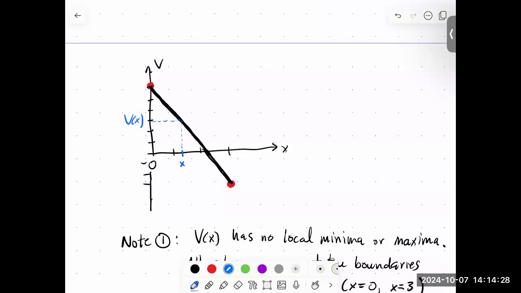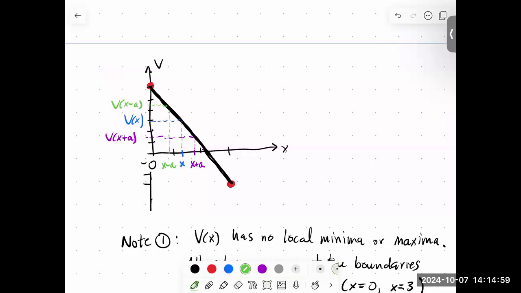And x plus a maybe sits over here somewhere. And this is the value of the function at x plus a, right? It's a little less than the value was at x. And then I can go over here and I can find x minus a, which lives here. And this is the value of the function at the position x minus a.